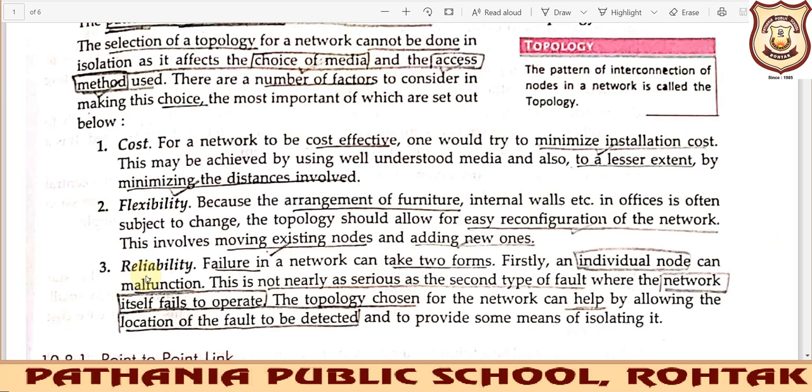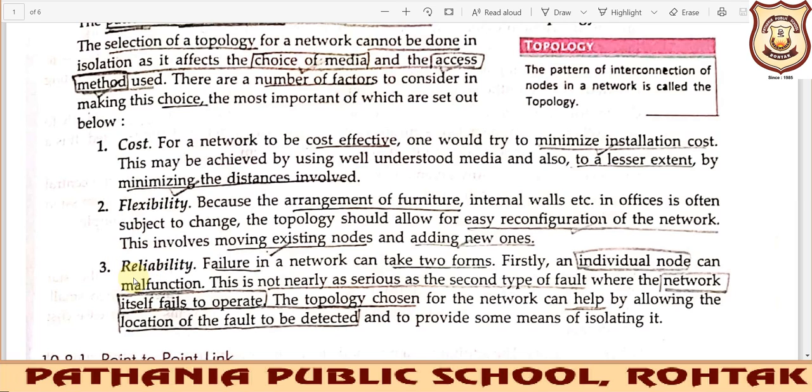Whatever topology we are choosing should be reliable. Reliable means trustworthiness, because failures can happen. Sometimes an individual node will stop working, and sometimes the complete network goes down.